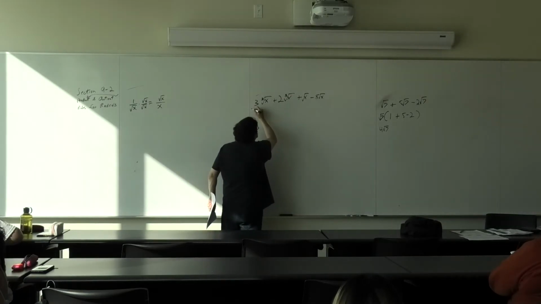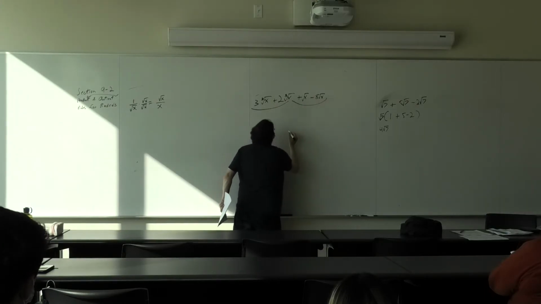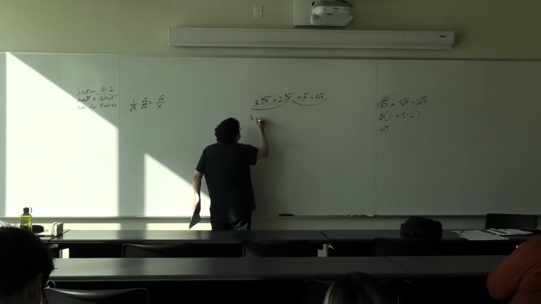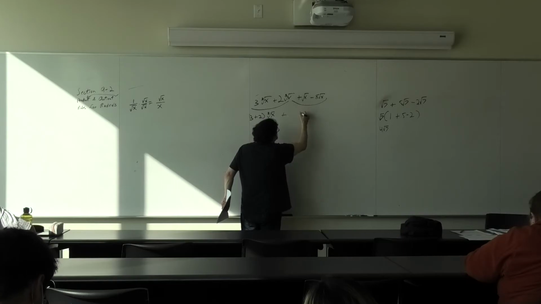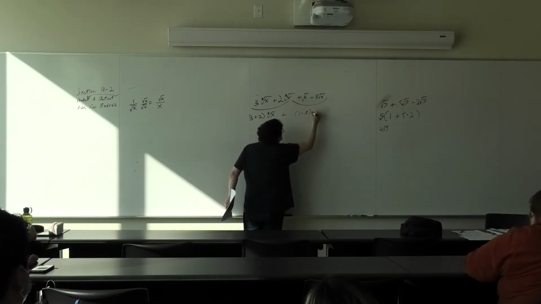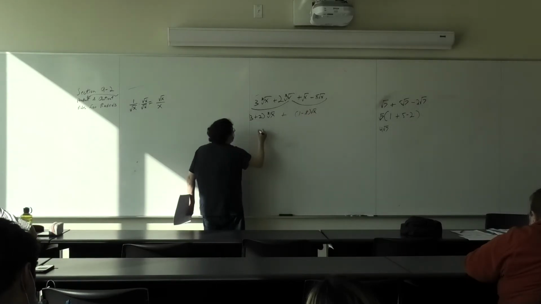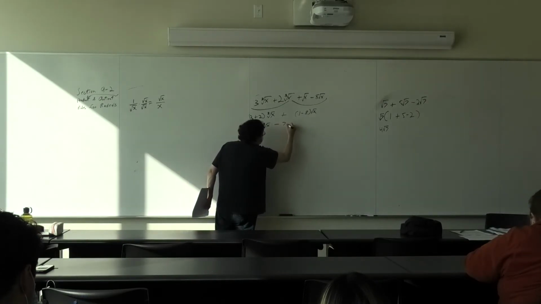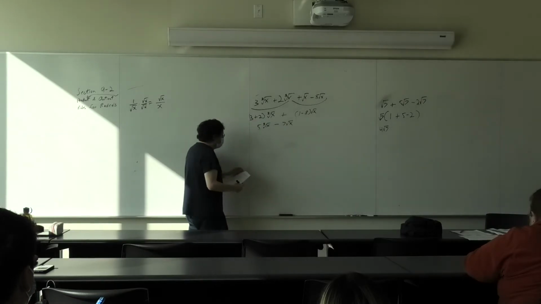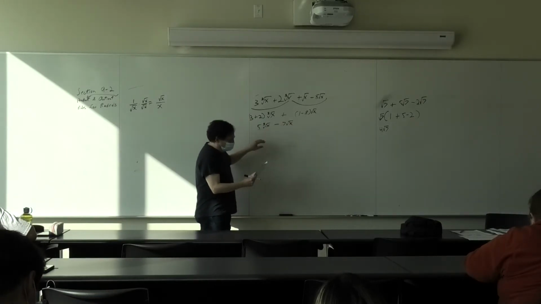But we still can combine these groups here. So we have 3 plus 2, there's the cube root of x. And here we have 1 minus 8, there's the square root of x. So we have 5 cube root of x minus 7 square root of x. So we can combine like radicals.